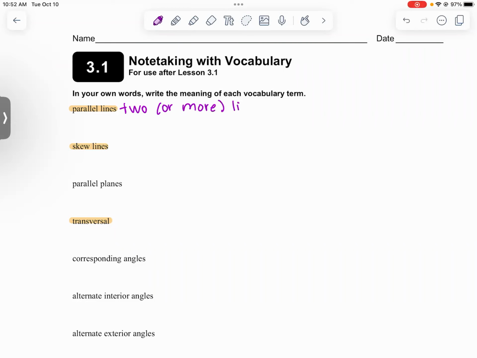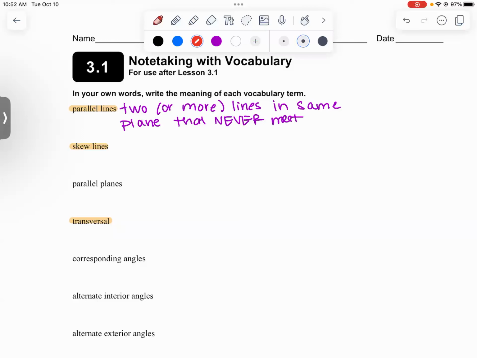You can write the number two. Okay, we want two lines that are in the same plane and they never meet.